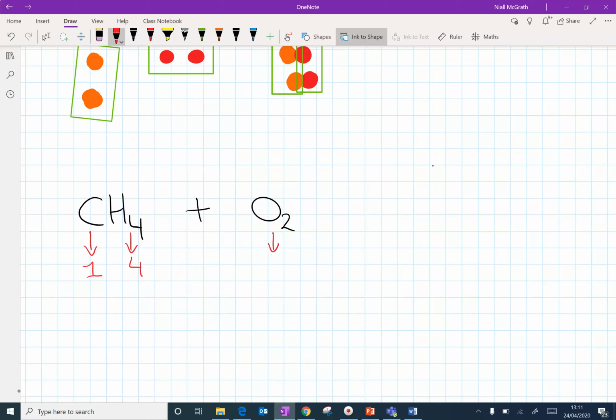That 4 just relates to the hydrogen and it has nothing about the number of carbons. And here we have 2 oxygens. That reaction gives us carbon dioxide, CO2, and it also gives us water, H2O.